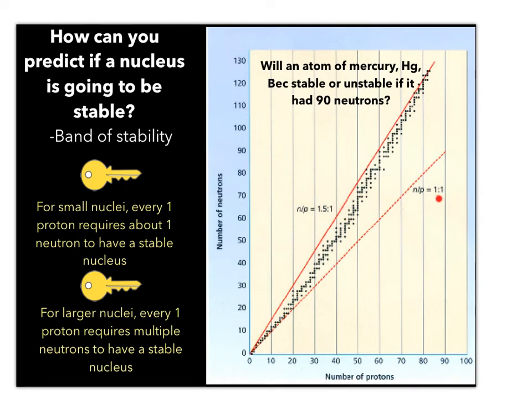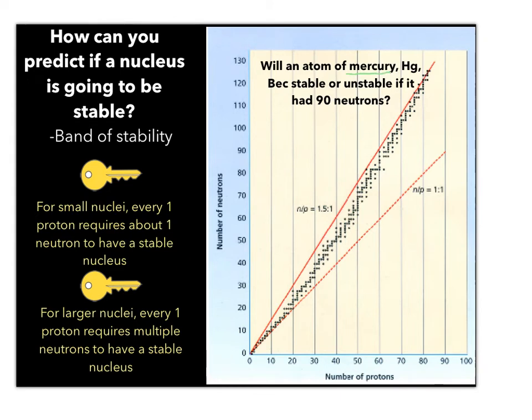When you have more protons and more neutrons, the band shifts and now it's touching the 1.5-to-1 ratio. In between this area, we call this the band of stability. If you want to figure out if your atom is going to be stable or not, you need to figure out the number of protons and the number of neutrons and look at that ratio.